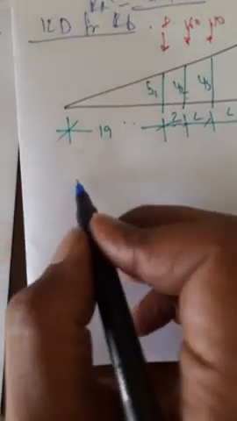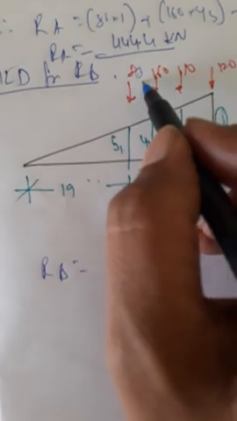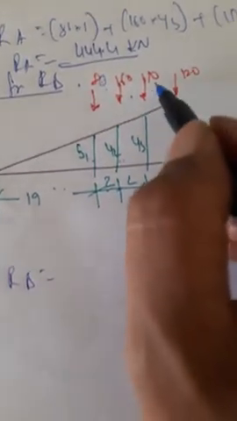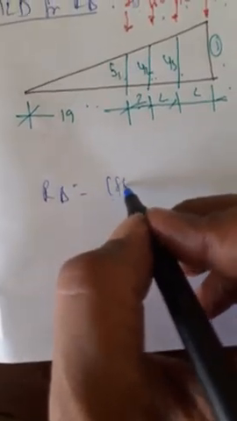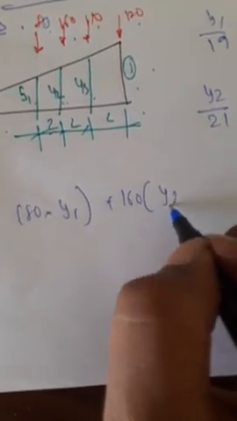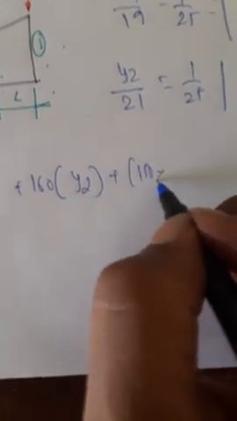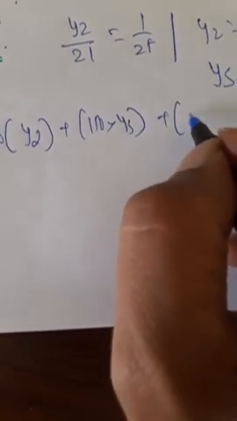Now RB is equal to load into ordinate: 80 into y1 plus 160 into y2 plus 150 into y3 plus 120 into 1 ordinate. Solving this you have the answer 453.2 kilonewtons. So this is the value of RB.